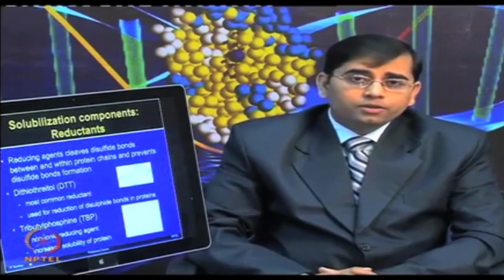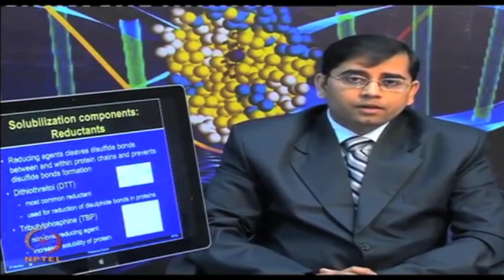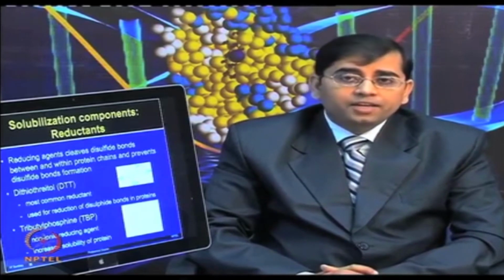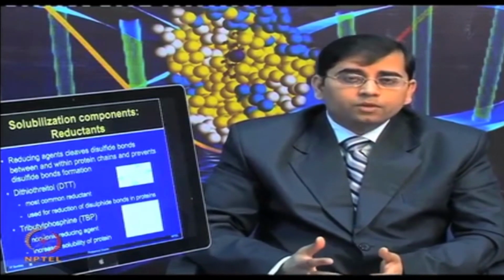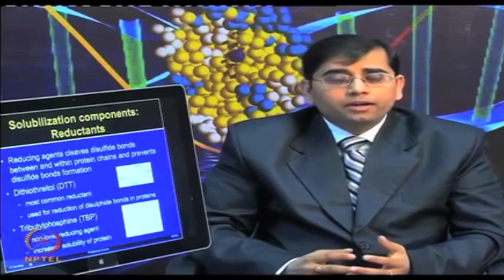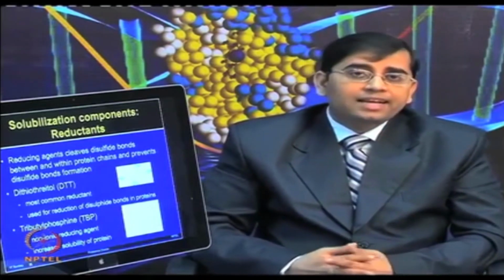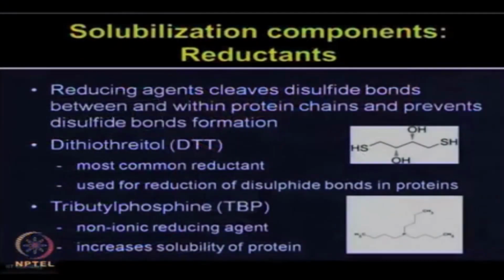Now, let us talk about reductants. In solubilization, reducing agents cleave the disulfide bonds present between and within the protein chains, and prevent disulfide bond formation. The most commonly used reductants are dithiothreitol, DTT, or beta-mercaptoethanol.